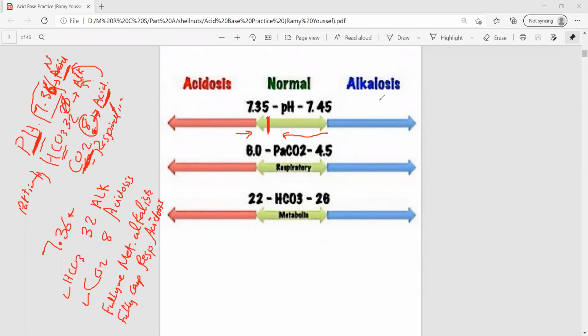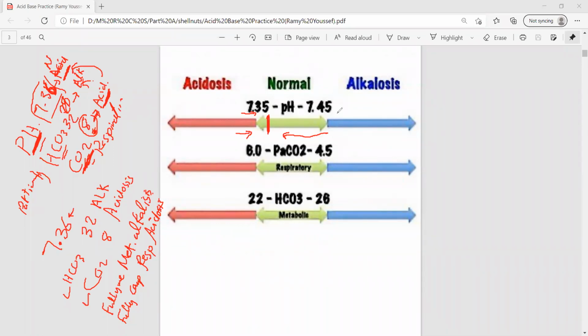From acidosis. It's easier to come from acidosis. Whatever happens in the body, in the compensation, the body compensates any problem by getting it back to its normal, just back to its normal, and stop.